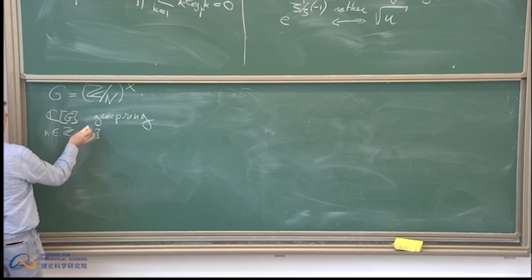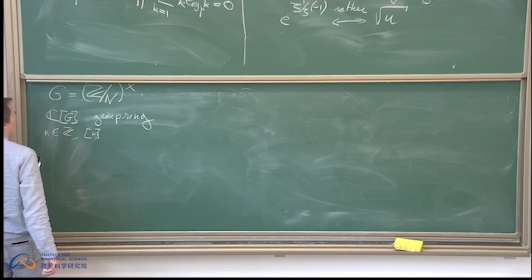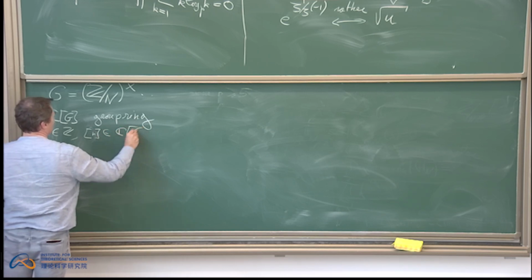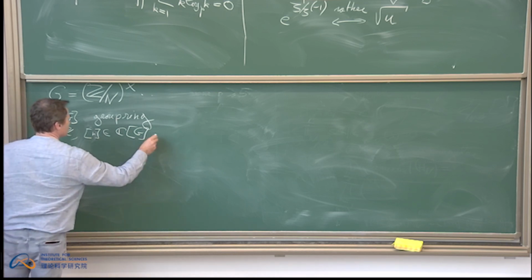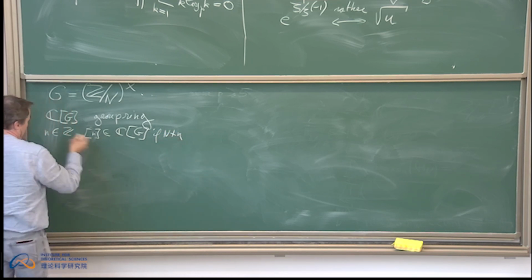So you reduce n modulo capital N, and you get an element of G. And so this belongs to C of G. Of course, except if capital N divides n, in which case this is simply 0.